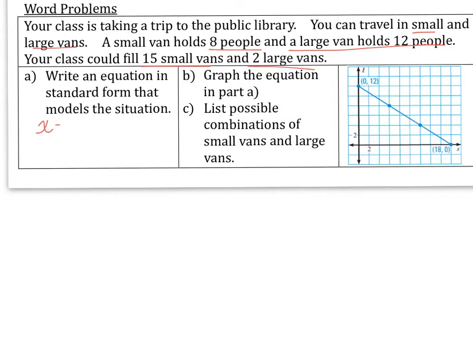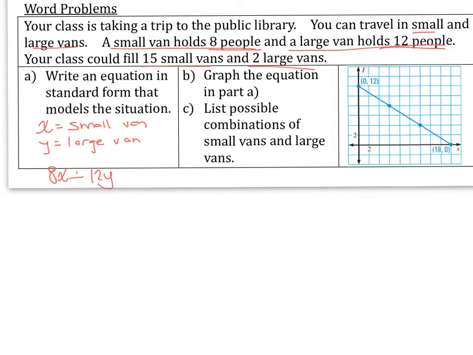So we can let x equal the small van and y equal the large van. Okay, and we know that the small van holds 8 people, so we can let that be 8x. And the large van holds 12 people, we can let that be 12y.